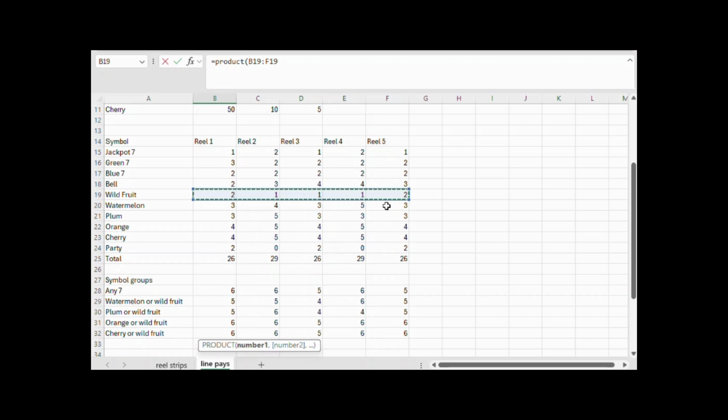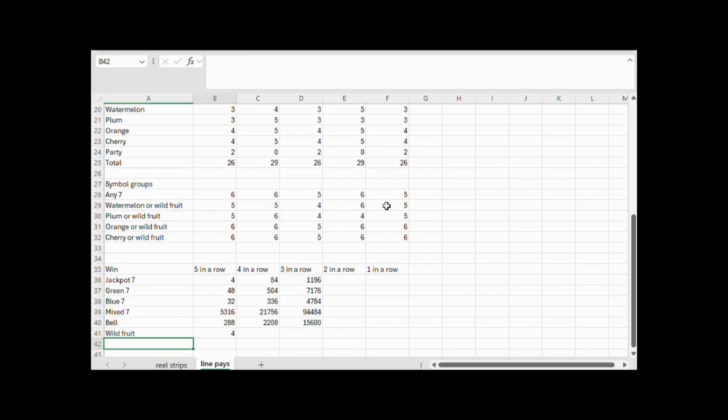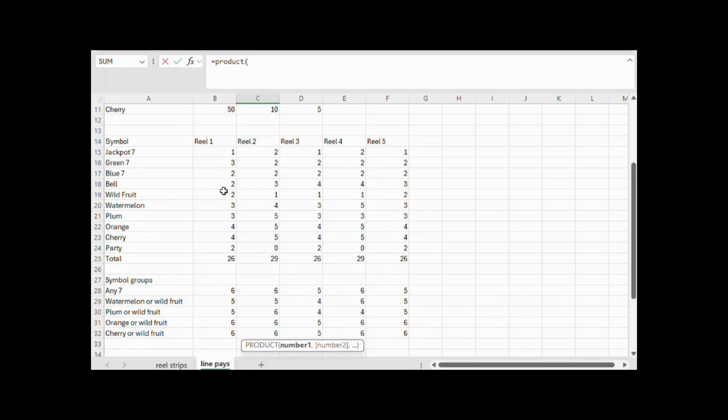So that's going to be the product of 2 times 1 times 1 times 1 times 2. So the number of ways he can get 4 wild fruit is the number of ways he can get one on reels 1 to 4 times the number of ways he can get anything but a wild fruit on reel 5.